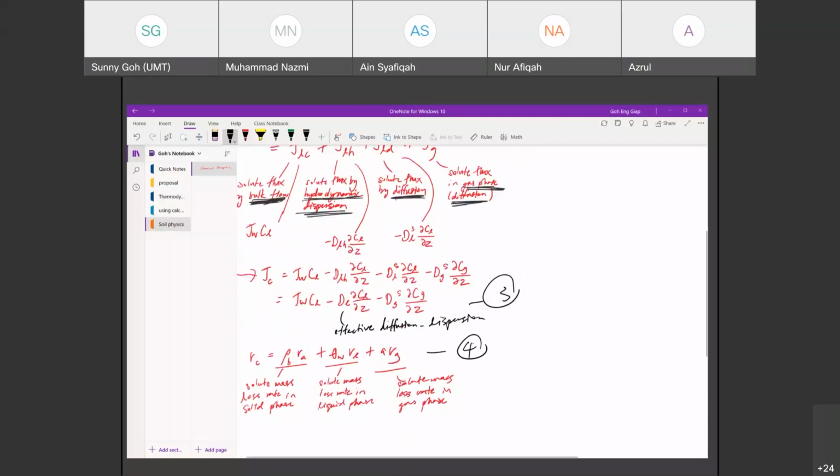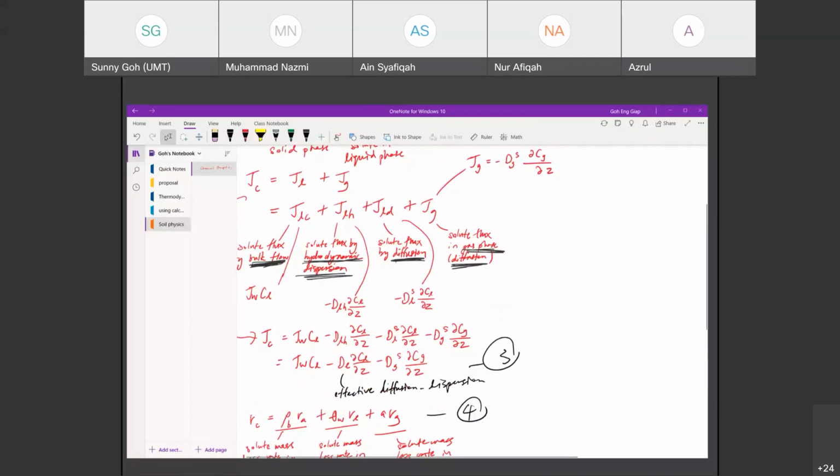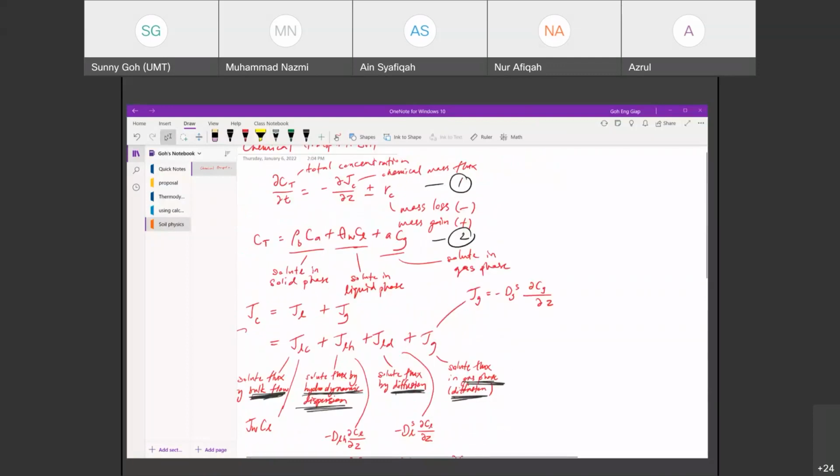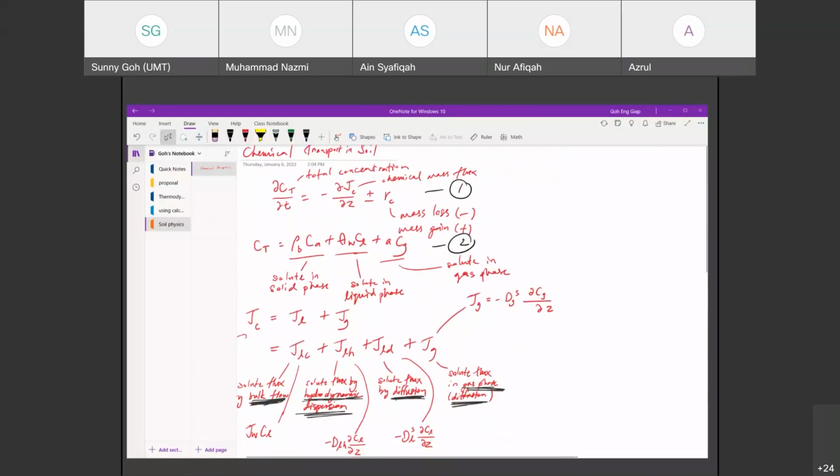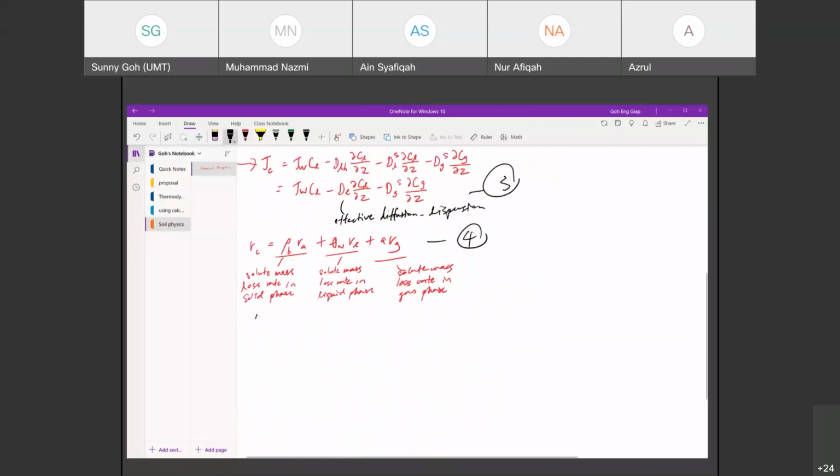We have equation 3. We have equation 2, and we have equation 1. Now what we want to do, we want to take equation 4, equation 3, equation 2, and substitute them into equation 1. Okay, so we want everything to enter into equation 1.